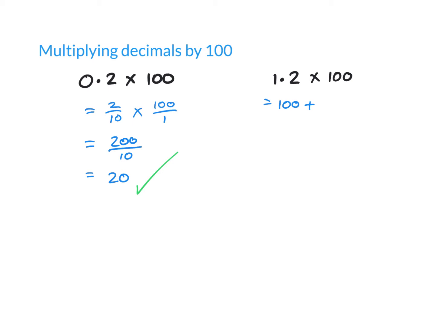So I'll just write that in again. So that'll be 2 over 10 multiplied by 100 over 1. And as I said, we've just done this particular sum over here, which is this, all the way down, simplified down to there, which is 20. So 100 plus 20 gives me 120, and that would be correct.